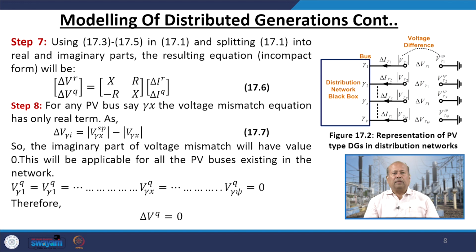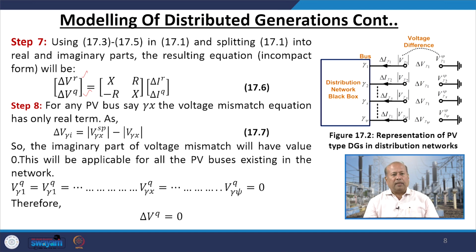Step number 7, using equations 17.3 to 17.5 in 17.1 and splitting 17.1 into real and imaginary parts, the resulting equation in compact form will be given by delta VR and delta VQ equal to the matrix [X R; R minus X] times delta IR and delta IQ.